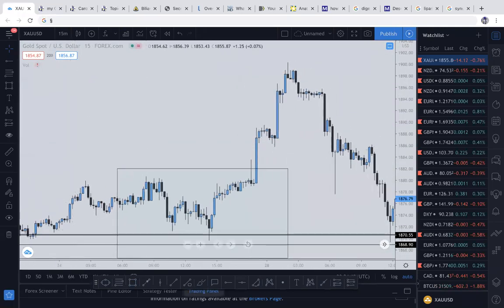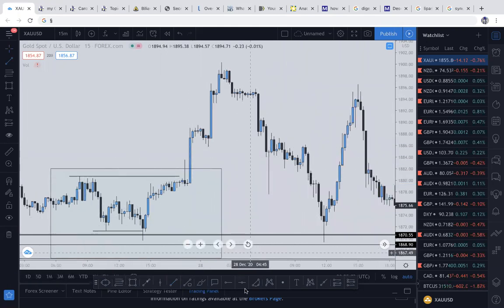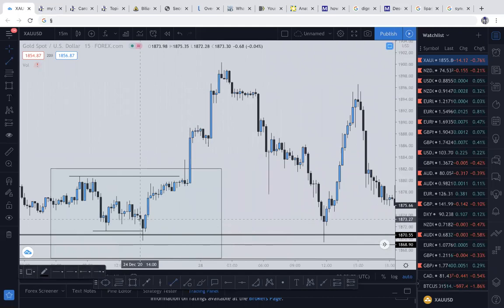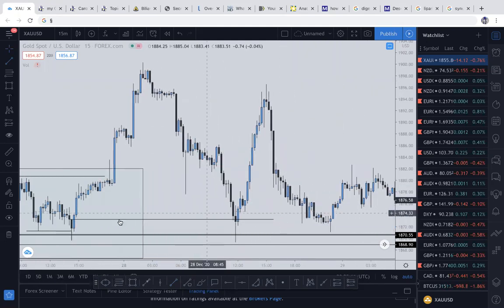So in this area, liquidity got taken, break of market structure. Now this is the institutional candlestick, and this was why institutions were coming to this area.